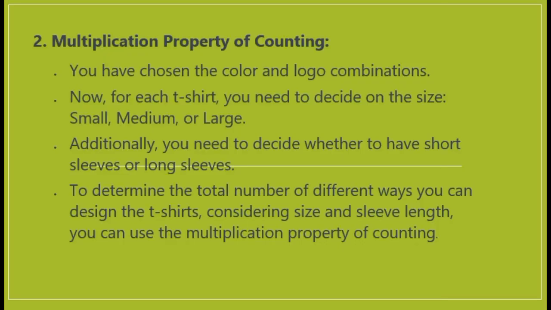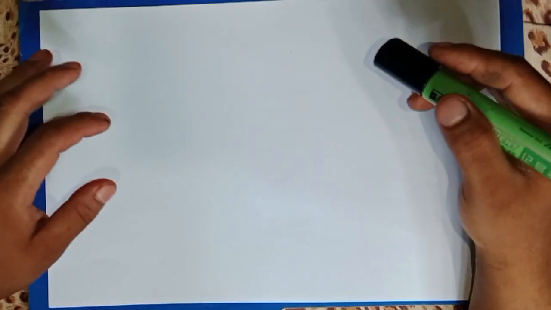In the multiplication principle of counting for problem 2, you have to choose the color and logo combinations. Now for each t-shirt, you need to decide on the size: small, medium, or large. Additionally, you need to decide whether to have short sleeves or long sleeves. To determine the total number of different ways you can design the t-shirts considering size and sleeve length, you can use the multiplication principle of counting.